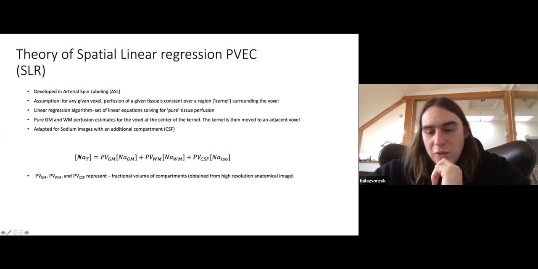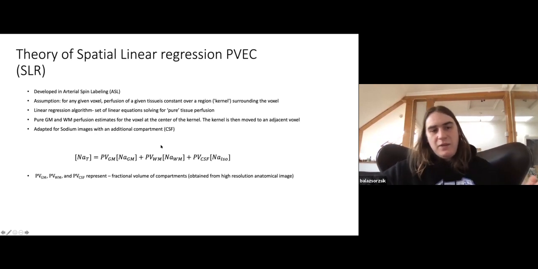Because we are talking about quite big voxels, 4 millimeter cube voxels, a sodium voxel will contain a fraction, the fractional volume of gray matter. It will contain a fractional volume of white matter and CSF. All of these have different concentrations. And so basically the voxel will represent a mixture of this.